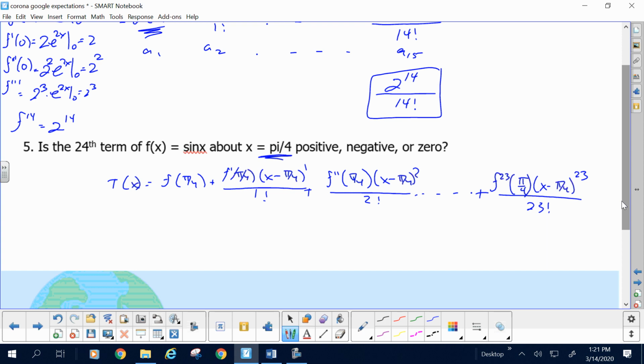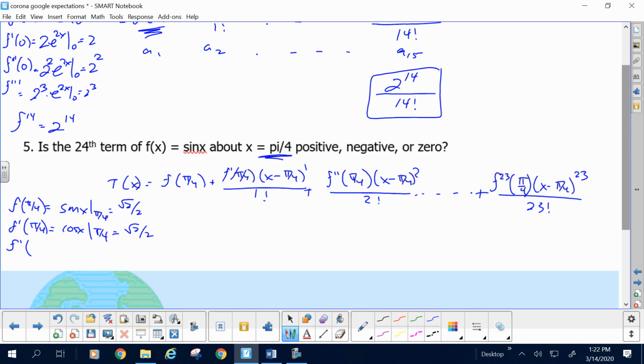All right? So let's again get into the pattern and look for patterns. So if f at pi over 4 is sine at pi over 4, that's root 2 over 2. F prime at pi over 4 is cosine at pi over 4, and that's root 2 over 2.